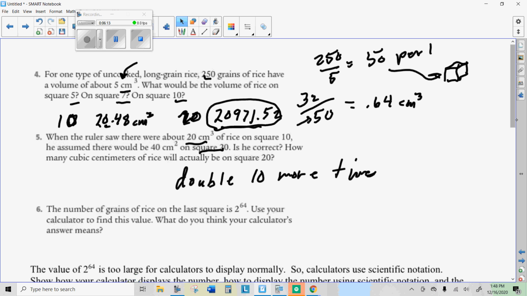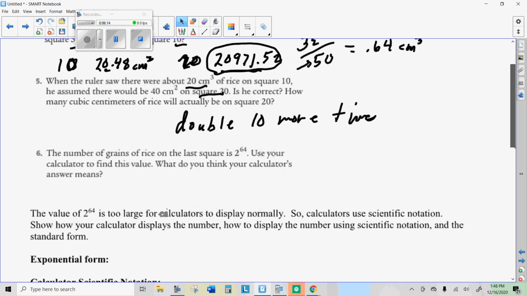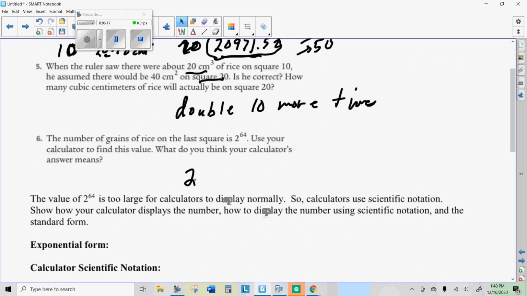Okay, now if we calculate, on the 20th square you could do 2 to the 20th power because you're multiplying by 2 20 times. So on the last square of the chessboard, there's 64 squares, you're going to get 2 to the 64th power, that many grains of rice. So go ahead and check and see what that equals on your calculator.